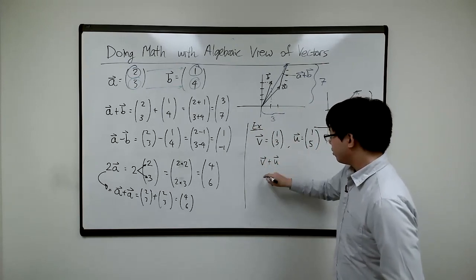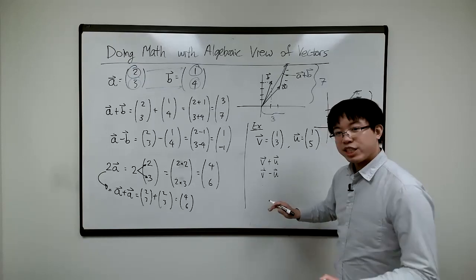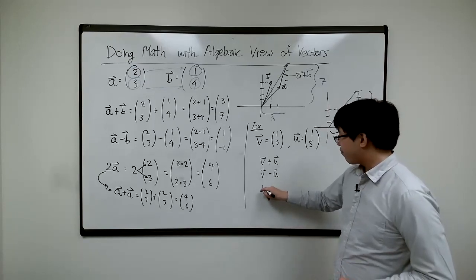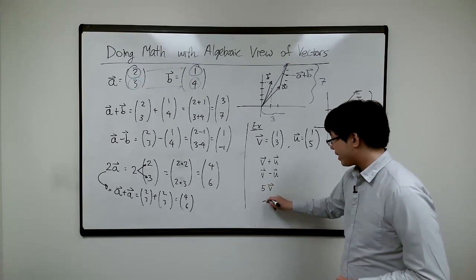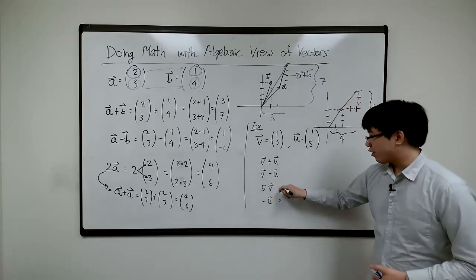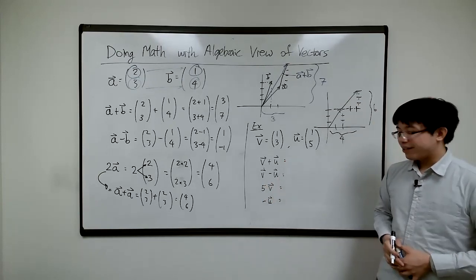Do V plus U, V minus U, and let's try to scale it by 5 times of V and find out what negative U is. So I'll leave this as an exercise for you to give that a try, all right?